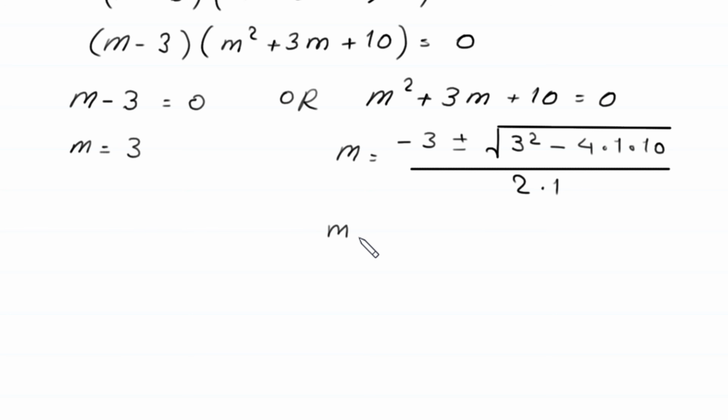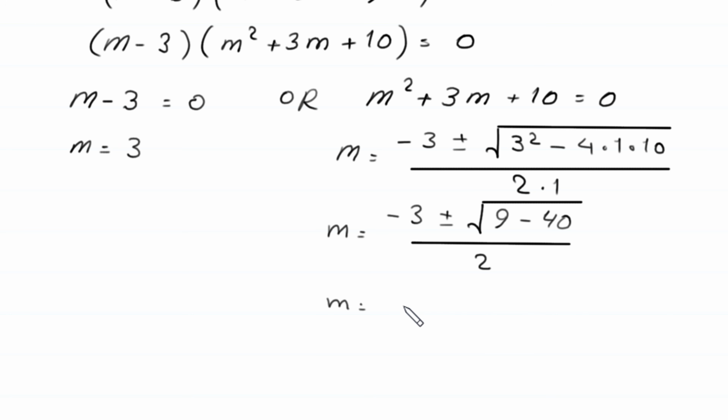Next, m is equal to negative 3 plus minus square root of, this 3 squared will become 9, negative 4 times 1 times 10, negative 40, divided by 2 times 1, 2.